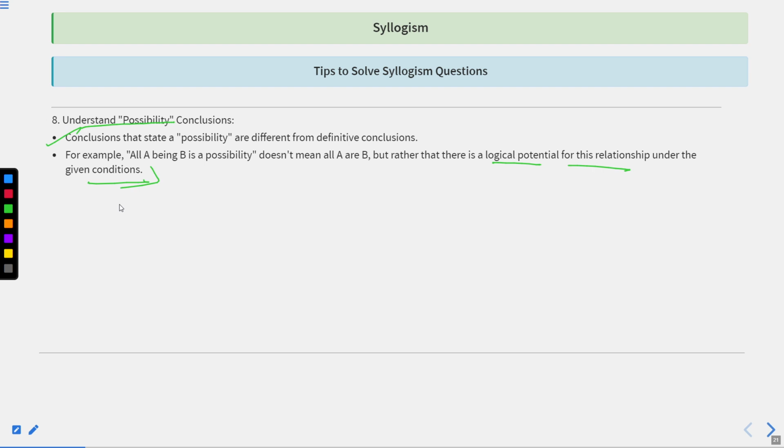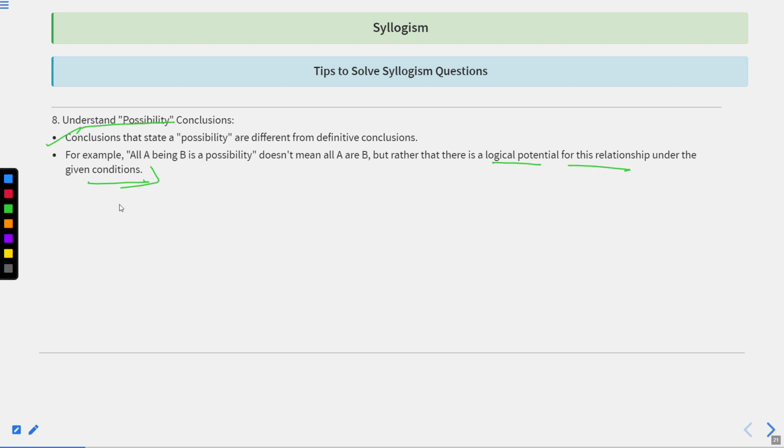So possibility you will definitely find in your inferences. Whenever the possibility is there, all you need to figure out is whether it is at all possible or not. I'll give you an example. One statement says all A are B. Another statement says some A are B. Then there is an inference saying some B are A. Okay, this is the first inference.